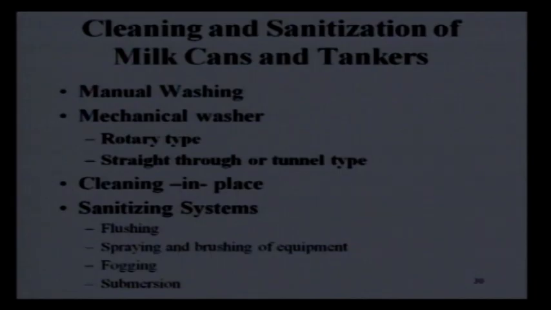Similarly there is a sanitization system, with 4 ways: flushing, spraying and brushing of equipment, fogging, and submersion. These are the 4 systems for sanitization. So cleaning of the cans is also very important and it is taken into account.